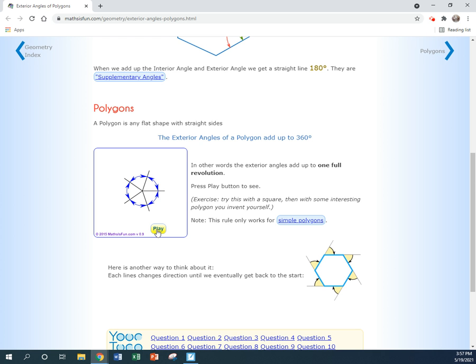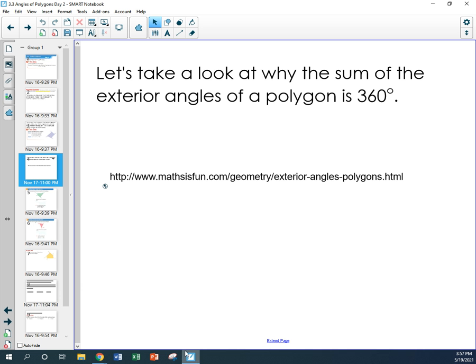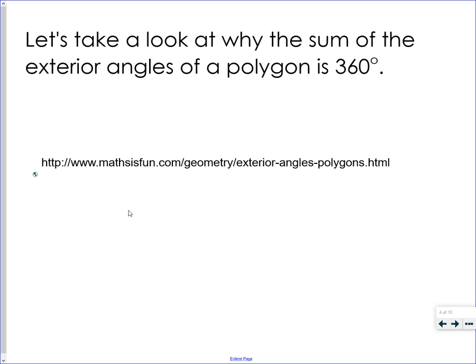And there's 360 degrees in a circle. So every single time, no matter how many sides we have, there's always going to be 360 degrees. So let's go back to this now, and let's move on.